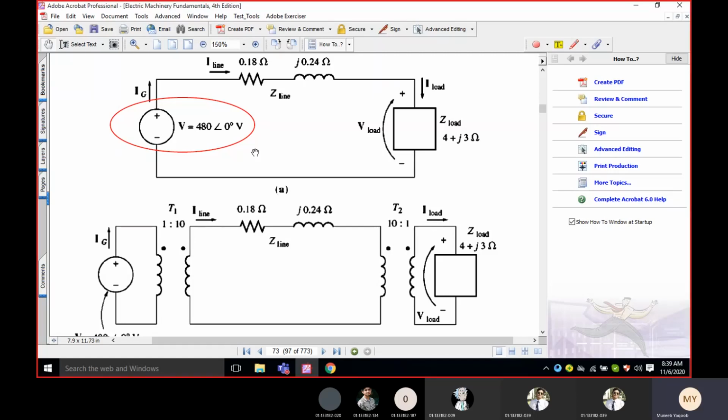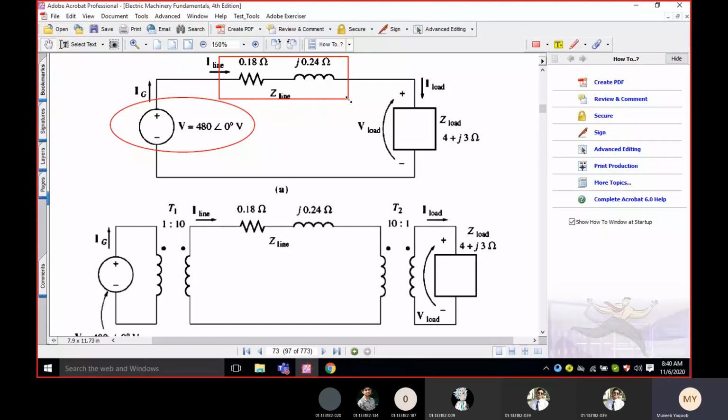and right after generation there is a portion of transmission line where, without using a transformer, we are transmitting the generated electrical energy through a transmission line of impedance 0.18 ohm plus j times 0.24 ohm.